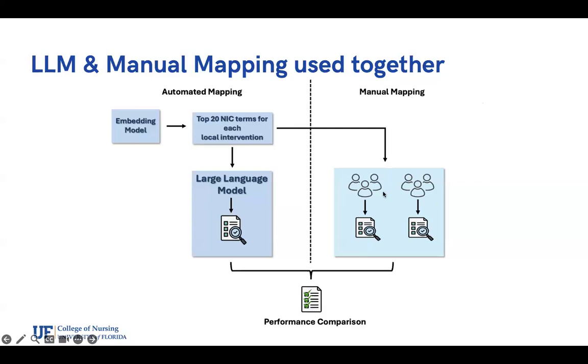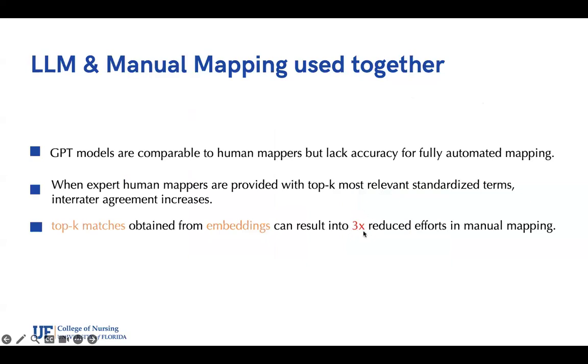That has reduced our mapping time by 3 times, and it has also improved our inter-rater reliability among the mappers. We're getting mapping results over 70% when combining both the manual mapping and the large language model mapping.